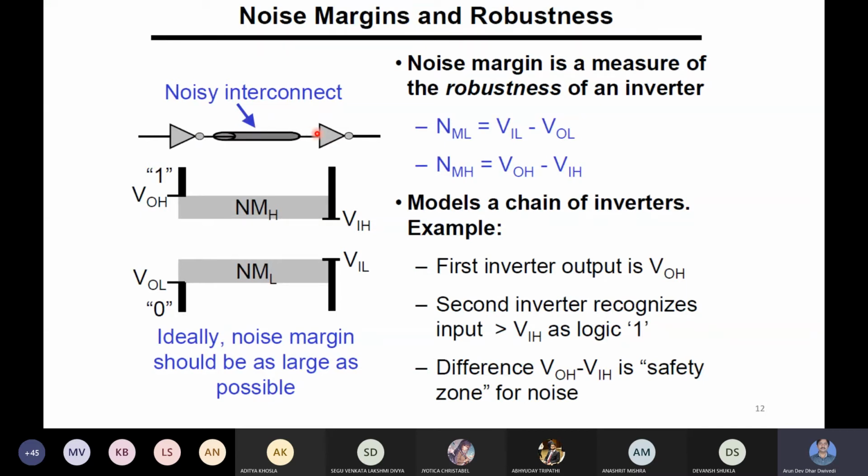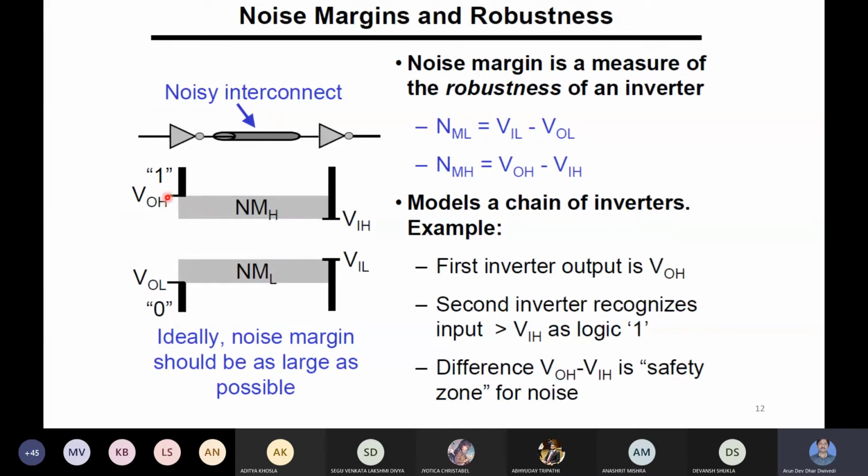The difference between VOH, which we have defined, and VIH defines the noise margin high.